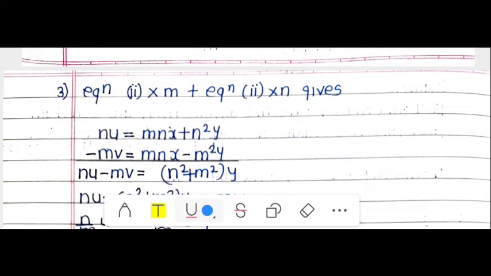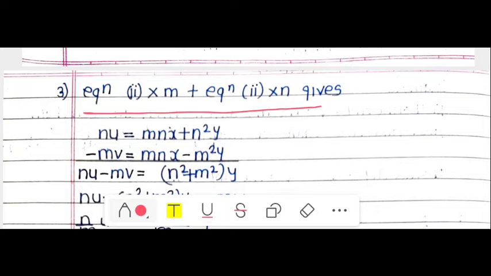So we get, by performing equation 1 multiplied by m and equation 2 multiplied by n, nv is equal to mn into x minus n square y, and mu is equal to mn into x plus m square y.